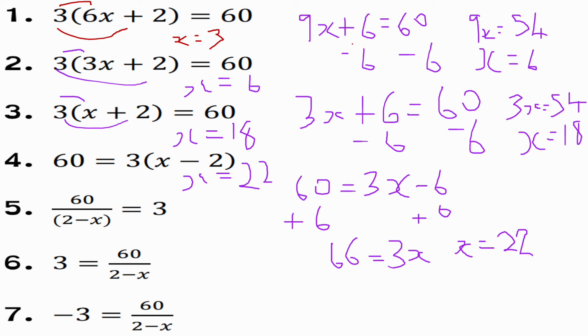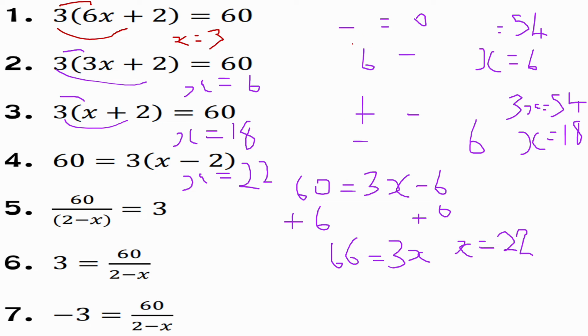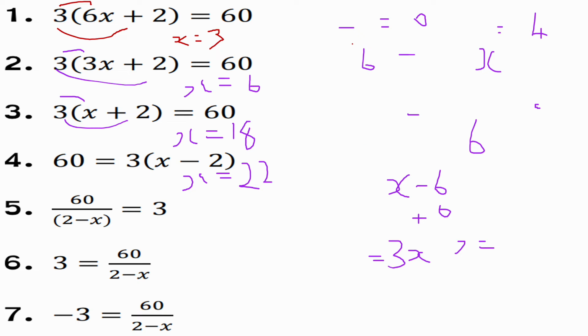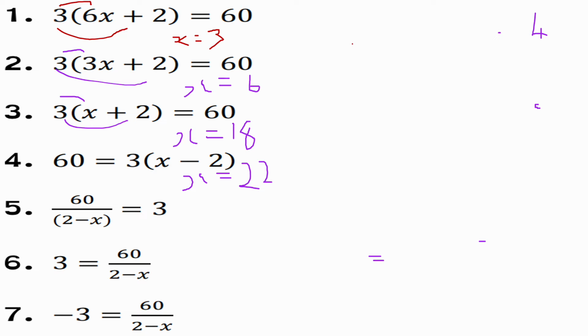Question number 5. Let's just delete a bit of this so we've got a bit more space. So I've got a fraction on my left hand side. To get rid of a fraction, guys, I'm going to multiply by the denominator on both sides of my equation to balance it.